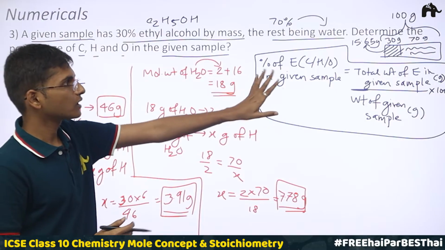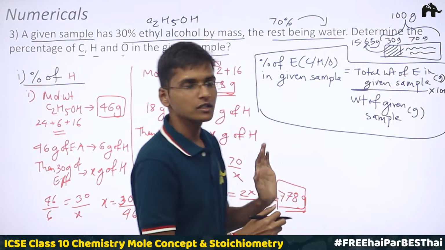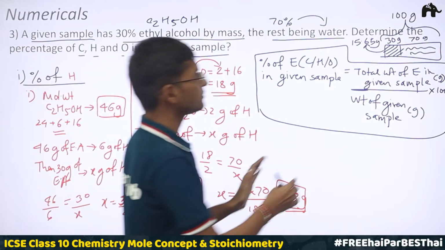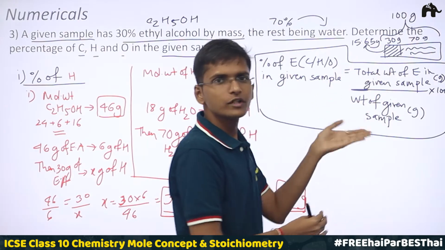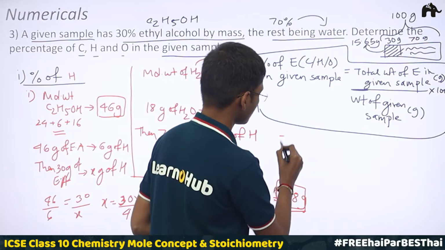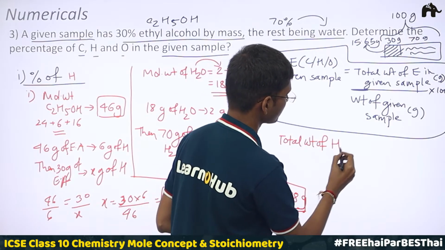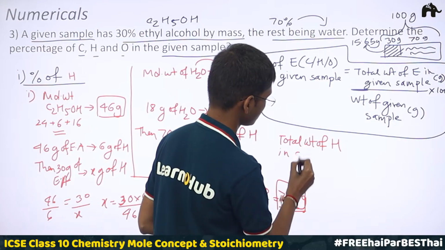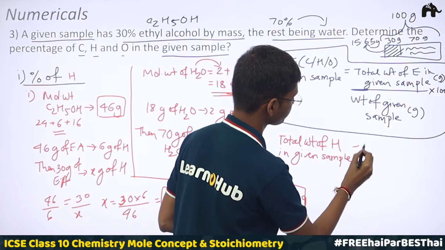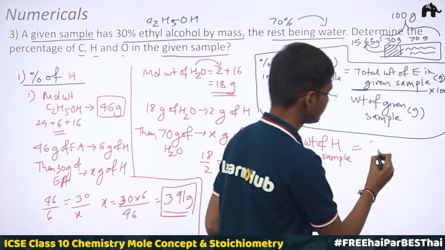Now what we would do is we would just simply add it. In 30 grams of ethyl alcohol and in 70 grams of water, we found out how many grams of hydrogen is there. We are going to simply add both these and then calculate the percentage of hydrogen in the given sample. So I can write here, total weight of hydrogen in the given sample would be, I would just add both these, 3.91 plus 7.78.